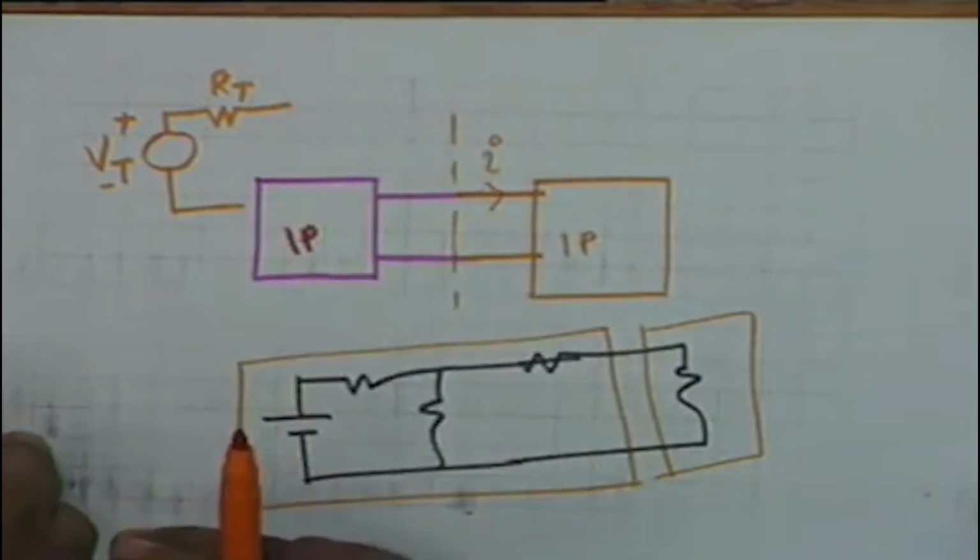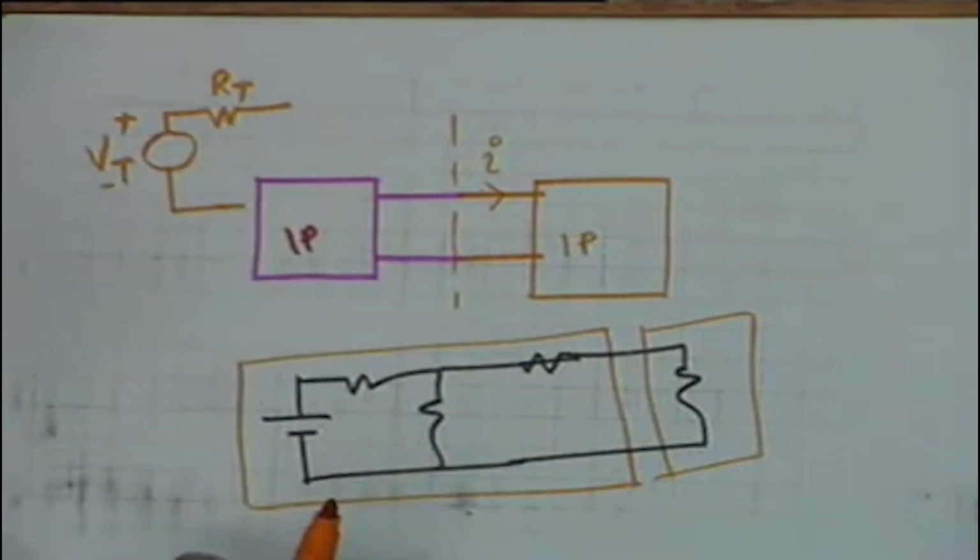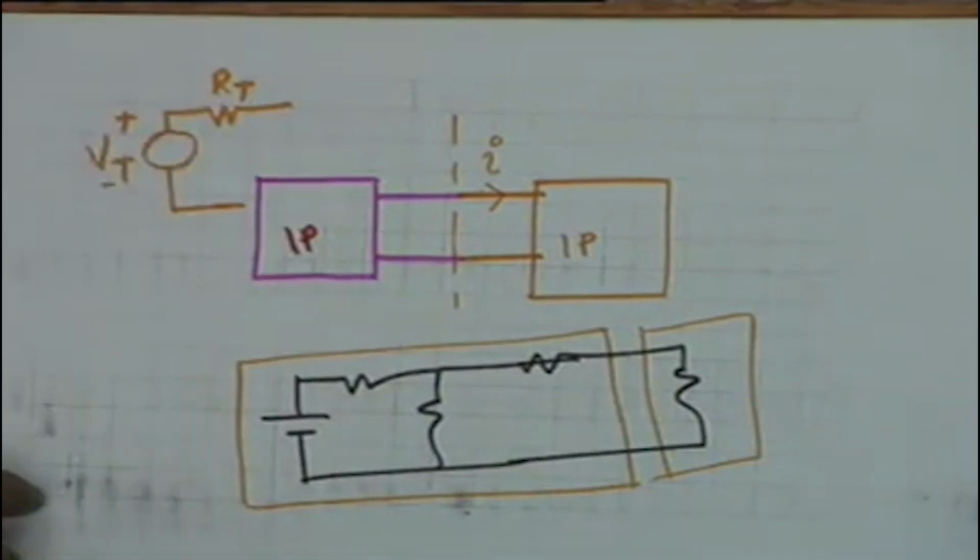You understand what I mean? It turns out that the one port which you consider as the driver can be thrown out and replaced by this simple series connection of a voltage source in series with a resistance Rt.